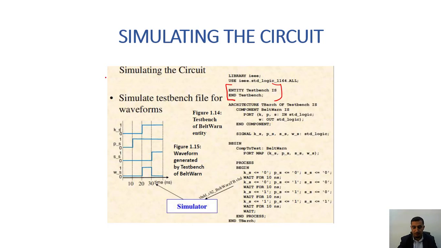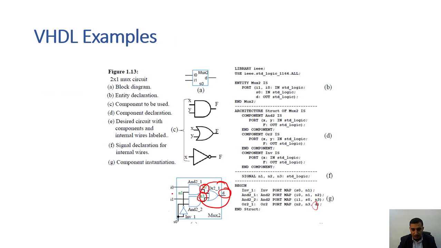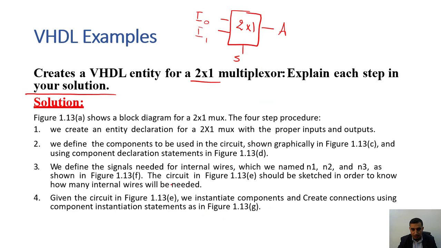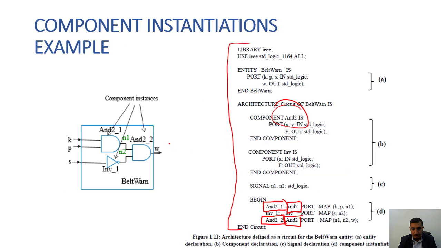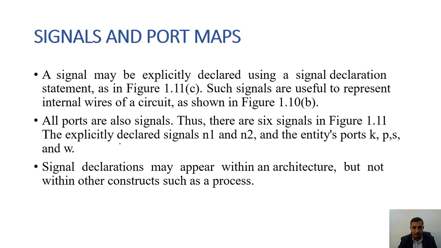It's just putting the full thing inside one entity called test bench, and inside the test bench you give your signals. This is the test bench for the belt warning.